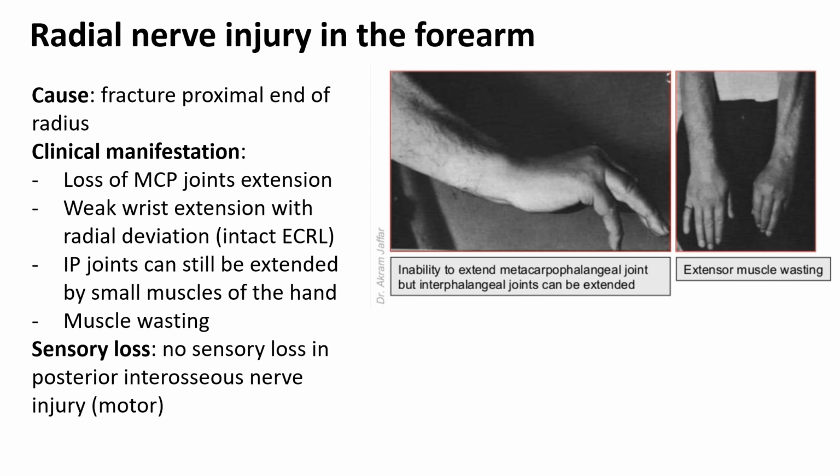Interphalangeal joints can still be extended because this is the main function of small muscles of the hand. On the long run, there will be a muscle wasting of the extensor compartment, as we can see here. Sensory loss, there will be no sensory loss in this condition because the posterior interosseous nerve is a pure motor nerve.